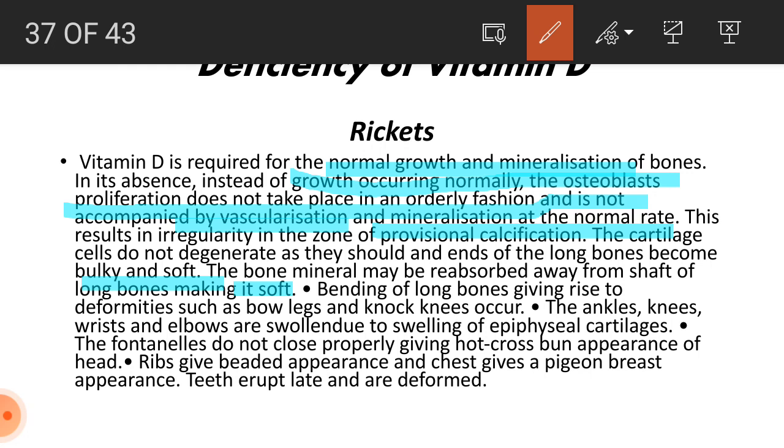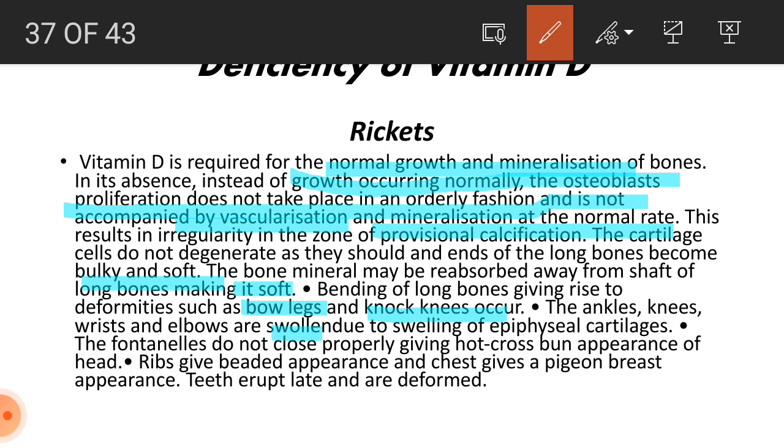Bending of long bones gives rise to deformities such as bow legs, knock knees. The ankles, knees, wrists, and elbows are swollen due to swelling of epiphyseal cartilages.